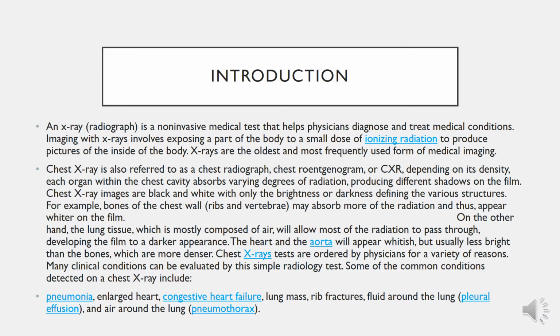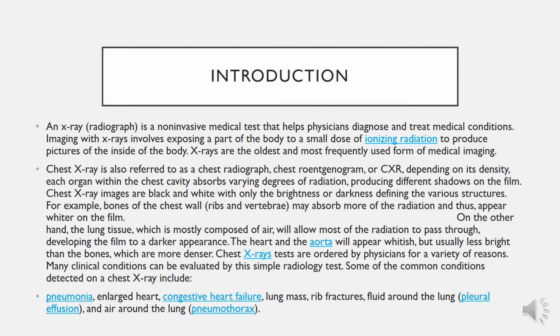Depending on its density, each organ within the chest cavity absorbs varying degrees of radiation, producing different shadows on the film. Chest X-ray images are black and white, with only the brightness or darkness defining the various structures. For example, bones of the chest wall, such as ribs and vertebra, may absorb more of the radiation and thus appear whiter on the film.